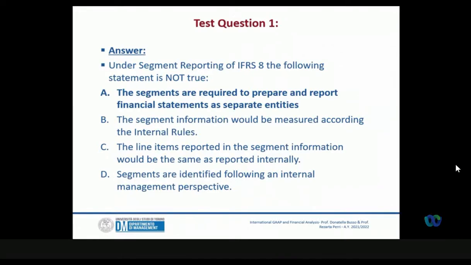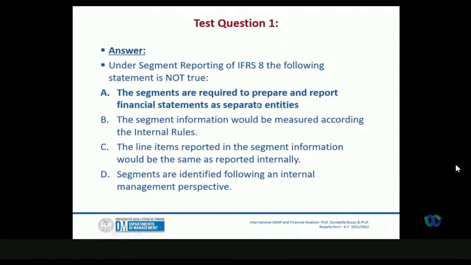Remember when you explained the consolidated financial information, you mentioned that subsidiaries should report their own financial statements that later are consolidated with the financial statements of the parent company. So segments are not the same as subsidiaries.